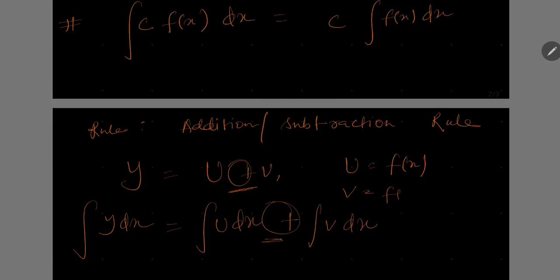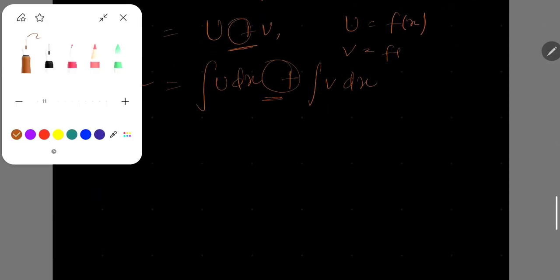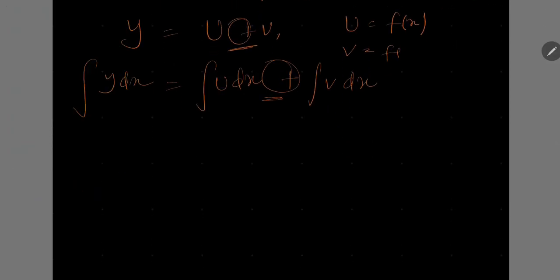If it is minus, then put minus here. Great. There are other rules, like division and multiplication, but you will come to know about them in the mathematics section, not needed here in the physics part.